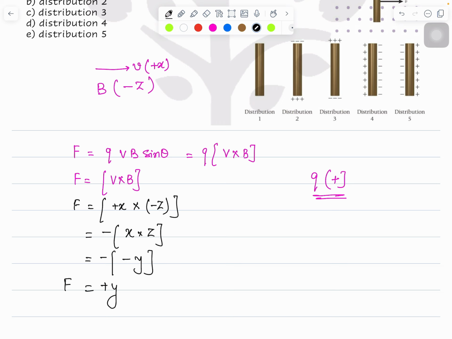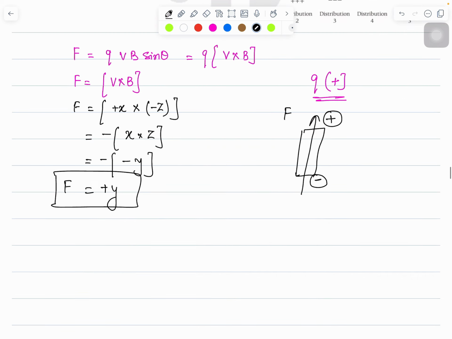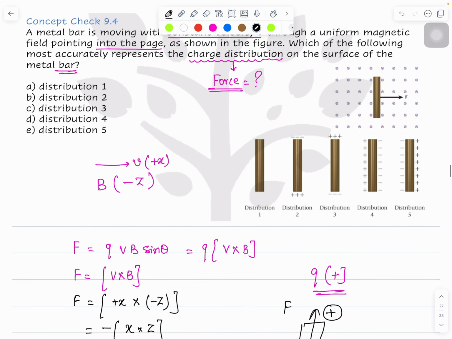Plus Y. What is the force? Plus Y direction. It means, let's say this is the wire, so force is applicable like this. So what is the direction? What should be the upstairs? That should be positive. Here should be negative. Is it clear? Because force is applicable in the direction of positive q. Clear, guys? Fine. So what should be the answer?